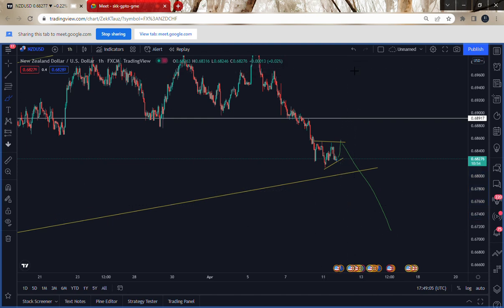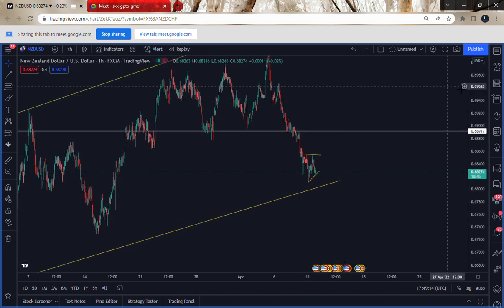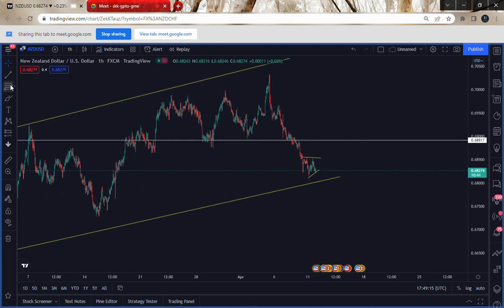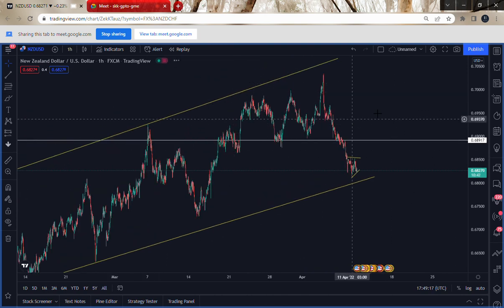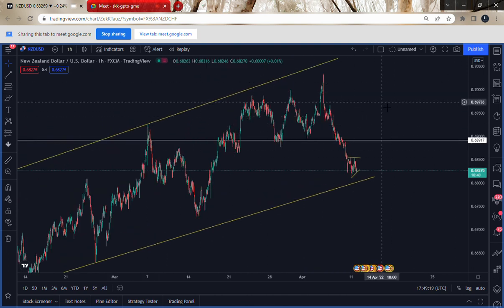This is where now the forecasting part becomes very important, right? And then now when you look at a market like this, how are you going to enter a market like this?